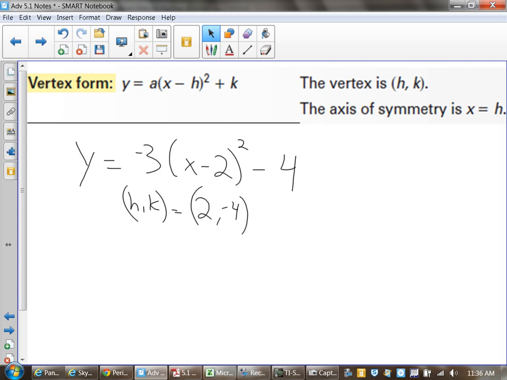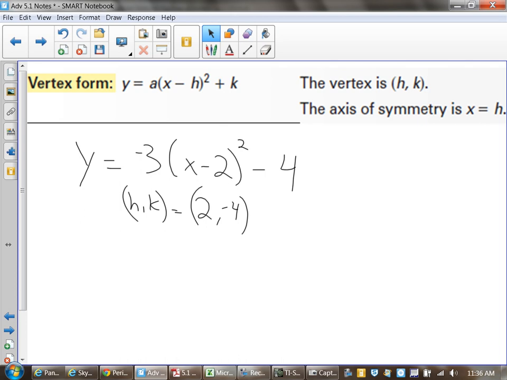We have, obviously, quadratics. We'll have square roots, logs, exponential, trigonometric. Every one of those h's and k's mean the same thing: horizontal shift, vertical shift. It's always the opposite of the h value, so it's not -2, it's +2. And you always keep the k value, that -4.